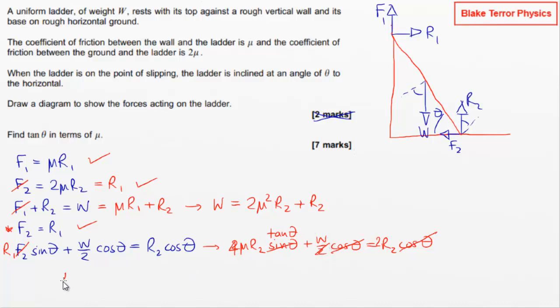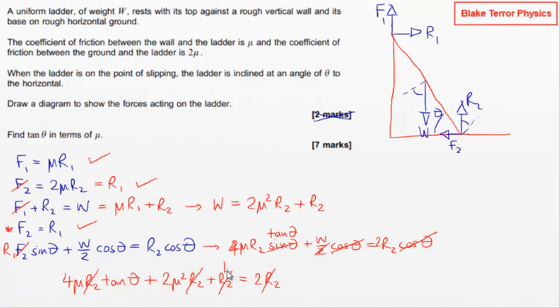Makes things a lot easier. So what is our equation here? We've got 4 mu R2 tan theta. It's nice that we just got one tan theta sitting around. Now we've got to add on W, which is 2 mu squared R2 plus R2. That's got to equal 2R2. Nice to see we got R2s everywhere, so we can just cancel all of those. Divide everything by R2.